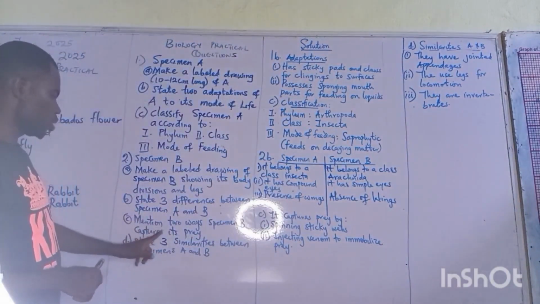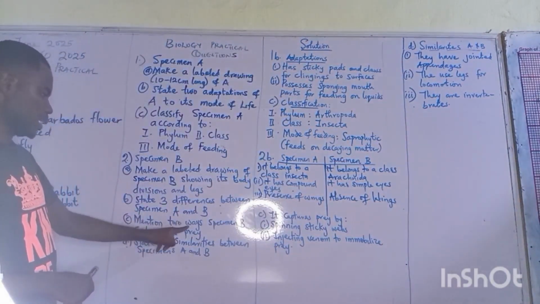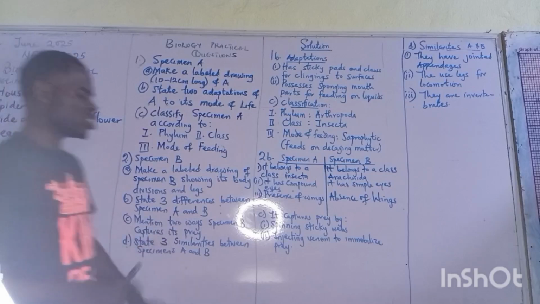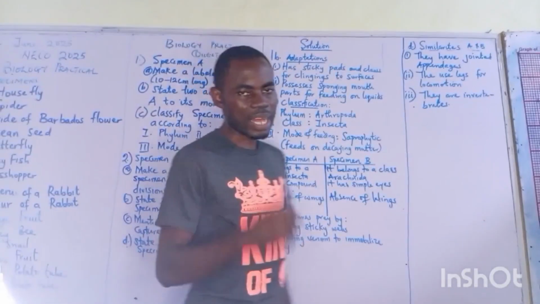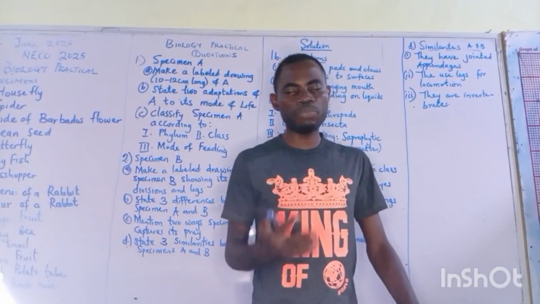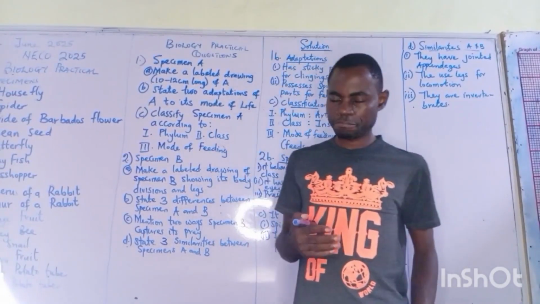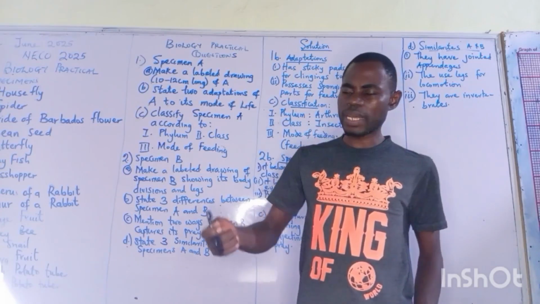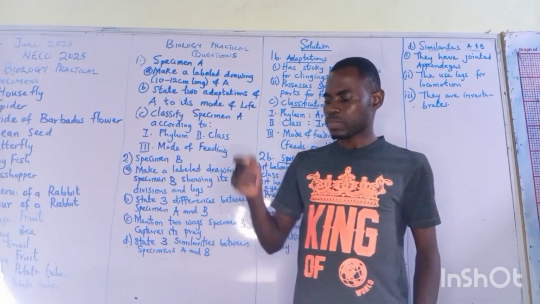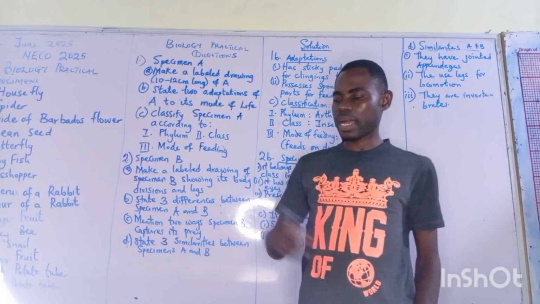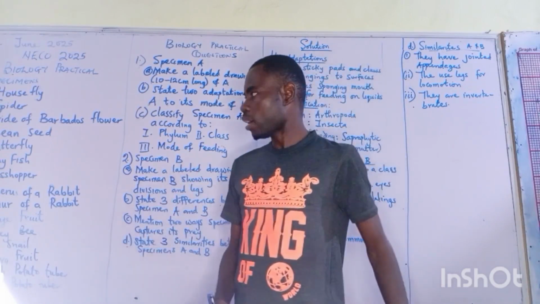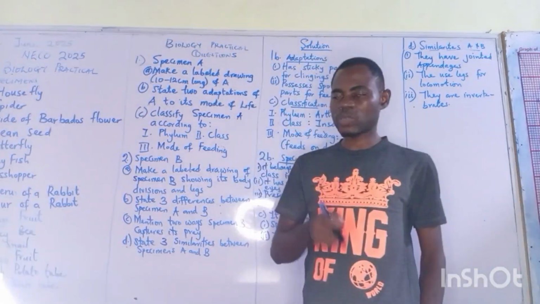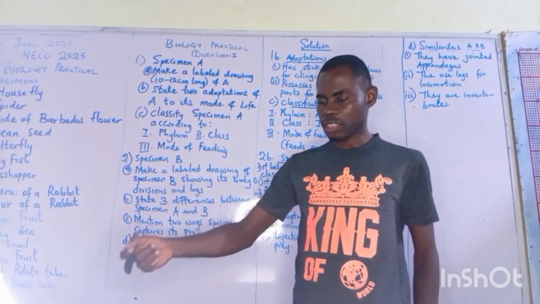Now, moving to the next question. They said we should mention two ways specimen B captures its prey. You will know that the housefly is prey to the spider. How can the spider capture a housefly? I take it again. How can the spider capture the housefly?